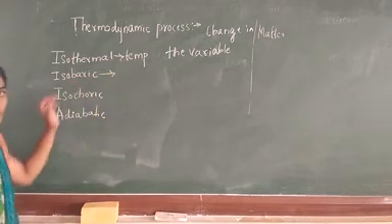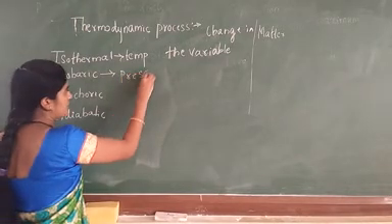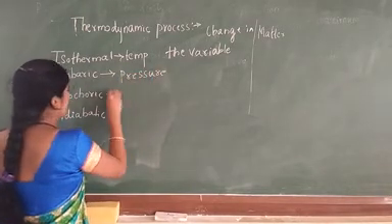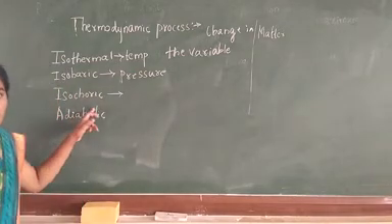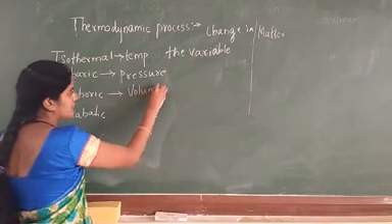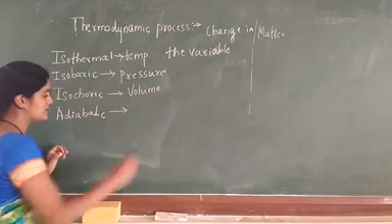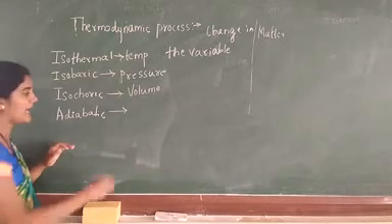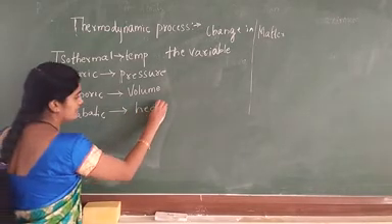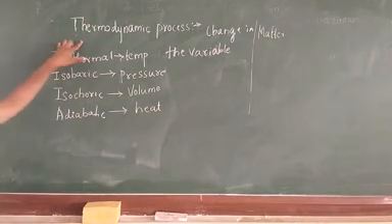Here we keep the pressure constant. Next, the isochoric process. Here we keep the volume constant. And the last one is the adiabatic process. In the adiabatic process, we keep the heat constant. These are the different types of thermodynamic processes.